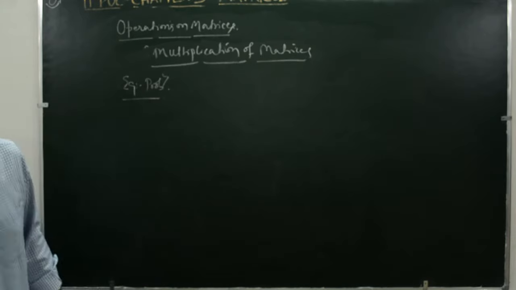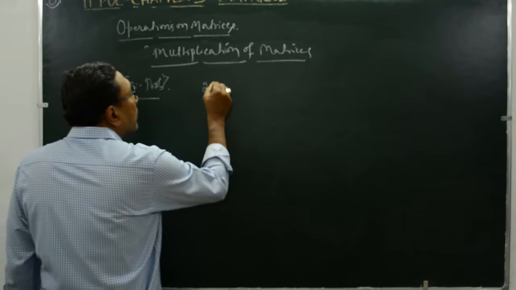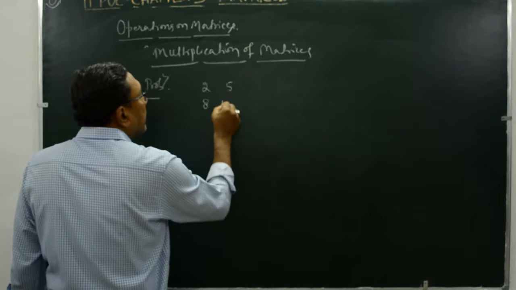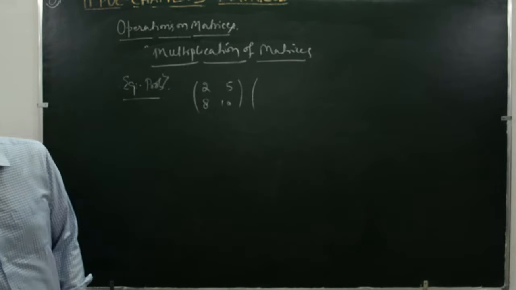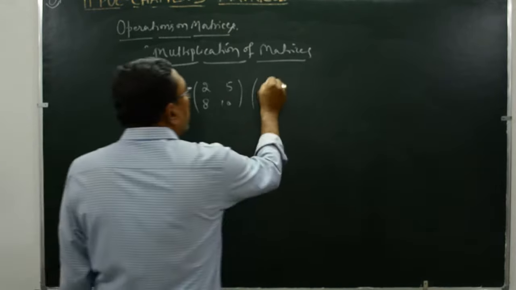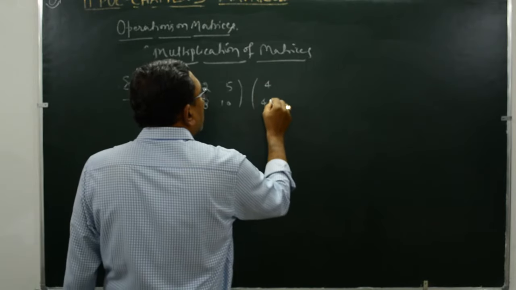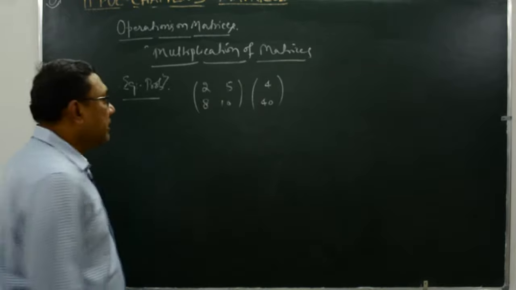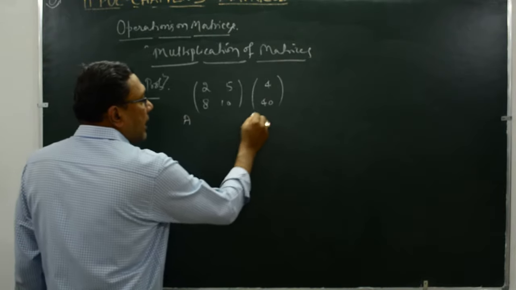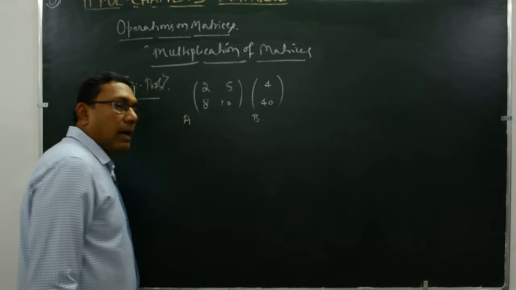The first matrix is 2, 5, 8, 10, and the other matrix is 4, 40. These two matrices, we will call A and B, and see the order of the matrices.